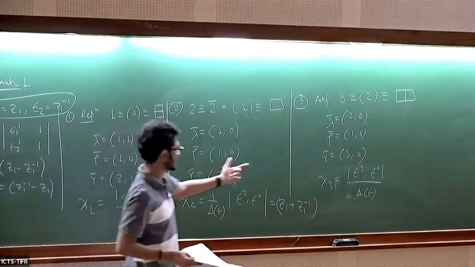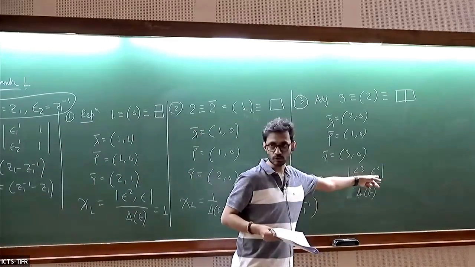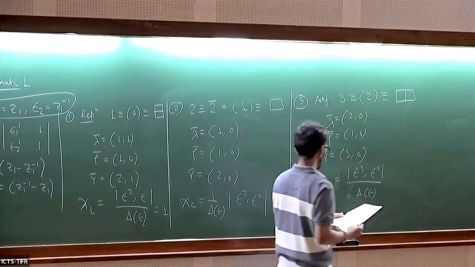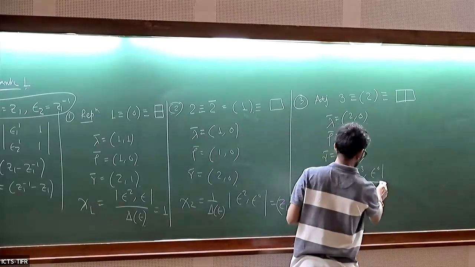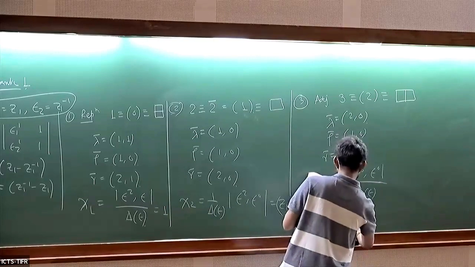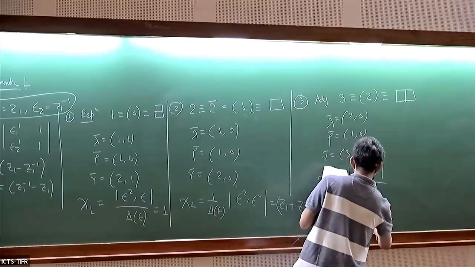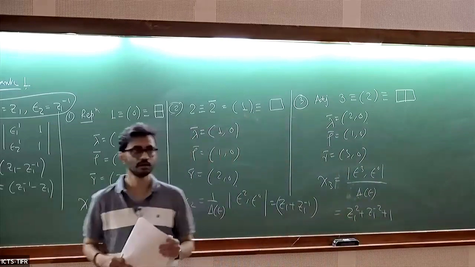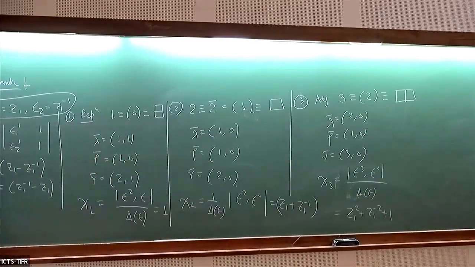The first element basically your R1 and then the R2. That's all. As simple as that. Much more simpler than the integral calculus even. Now if you calculate this determinant, what you will get? Z1 square plus Z1 to the minus 2 plus 1. So this is the character function that you can calculate.